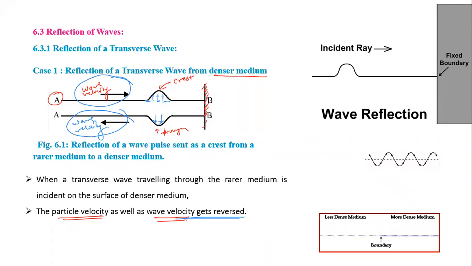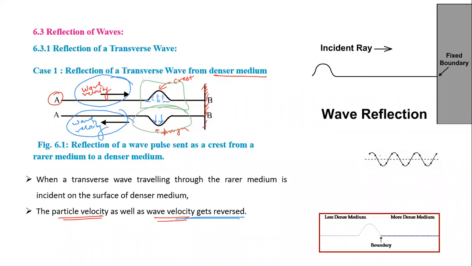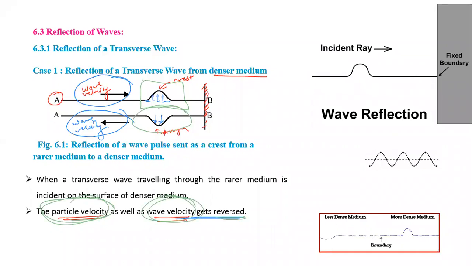Before reflection, particle velocity is upward. After reflection, it is downward. So particle velocity is also reversed. Both particle velocity and wave velocity are reversed.